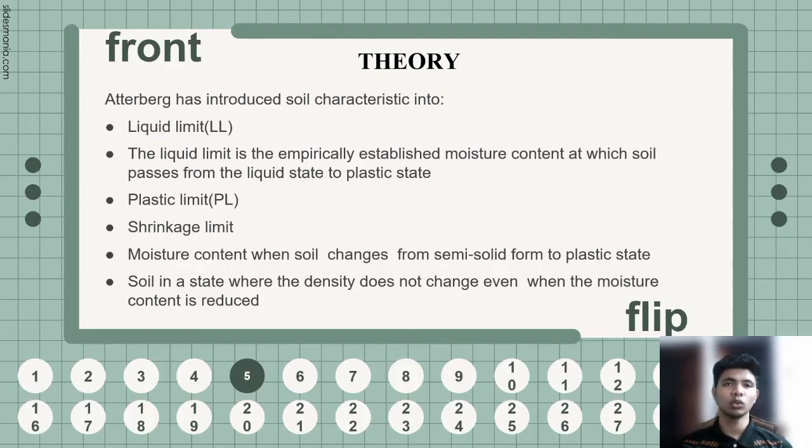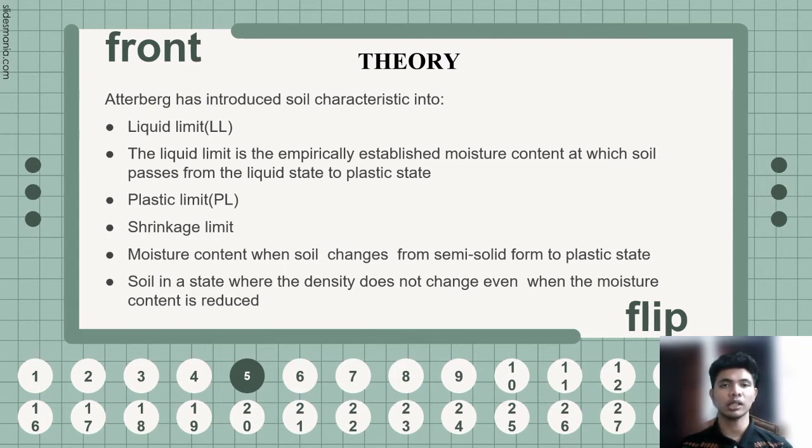Warahmatullahi wabarakatuh. My name is Helmi. In this part of the slide, I'm going to be presenting about the theory. For the theory of the Casagrande, Atterberg has introduced soil characteristics into liquid limit. The liquid limit is the empirically established moisture content at which soil passes from the liquid state to plastic state.